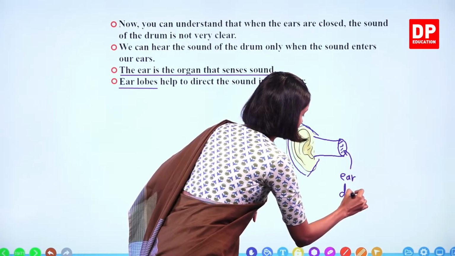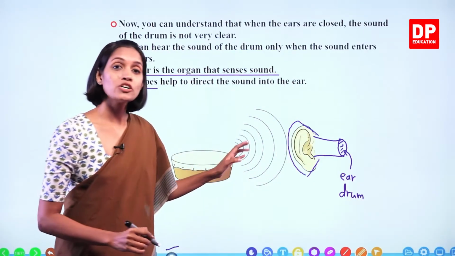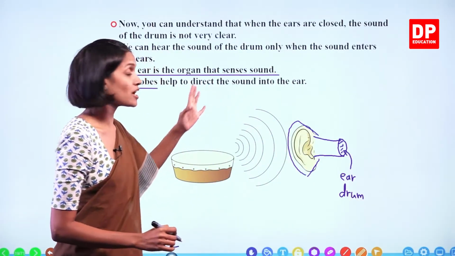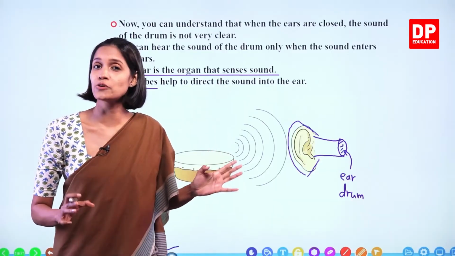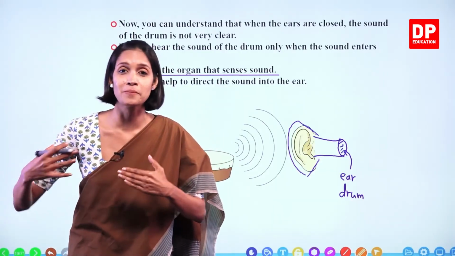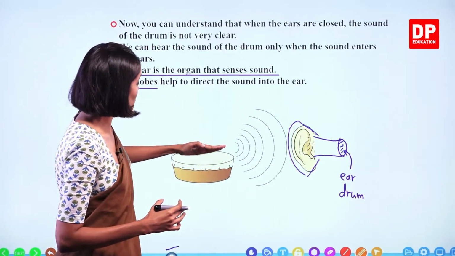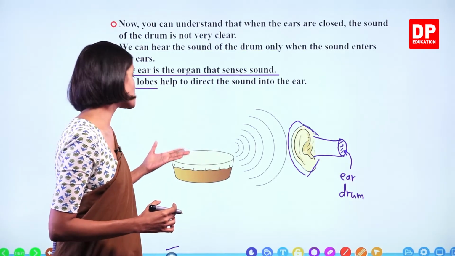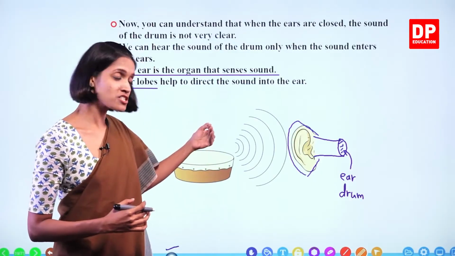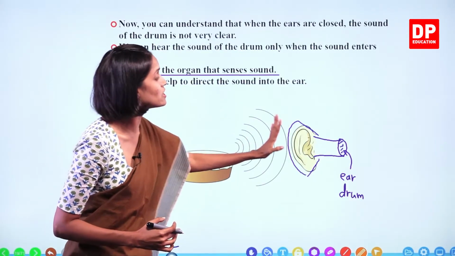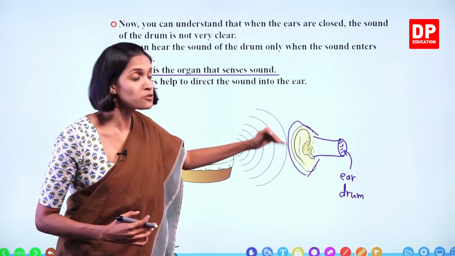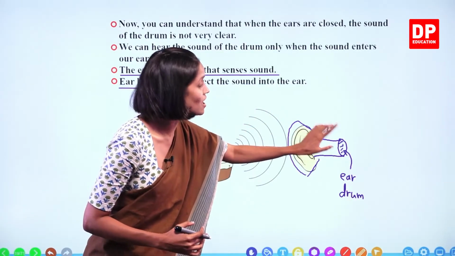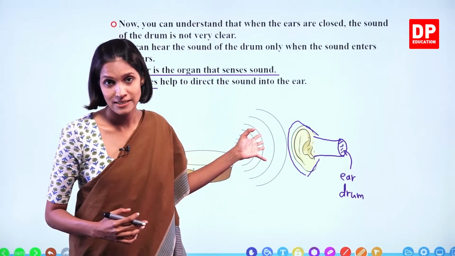According to the vibrations produced outside, now I told you sound is produced by vibrating something. So in this case, the drum skin vibrates and the sound is produced. These vibrations of the sound spread through the air and reach your ear. According to those vibrations, the eardrum also starts to vibrate.